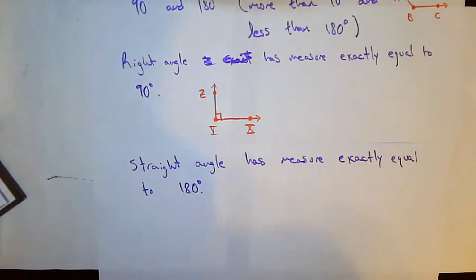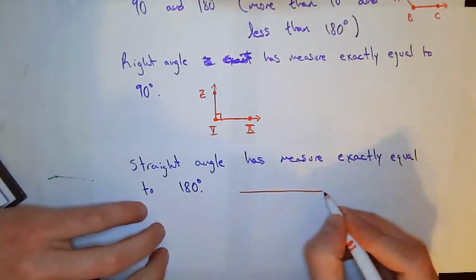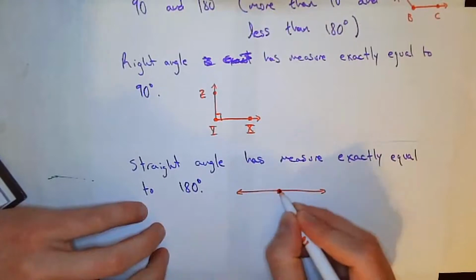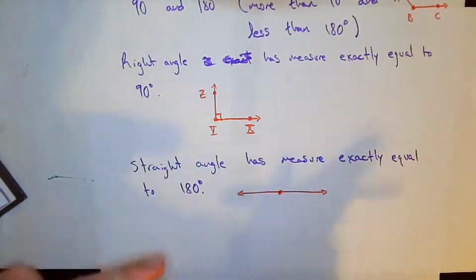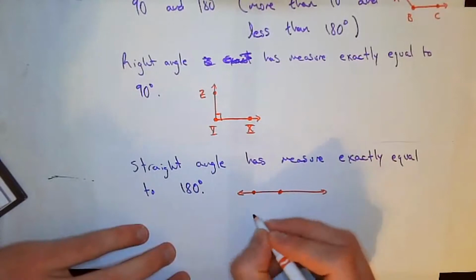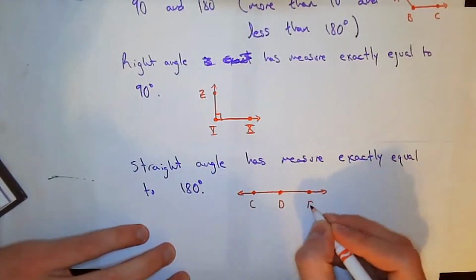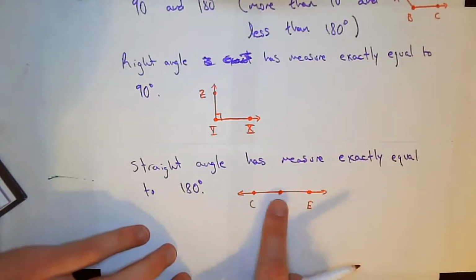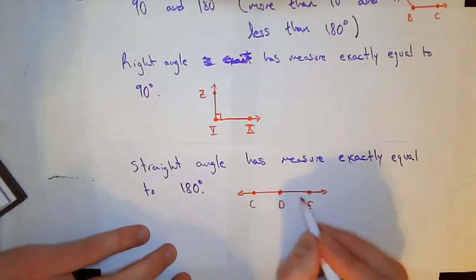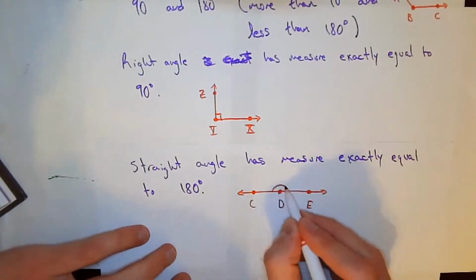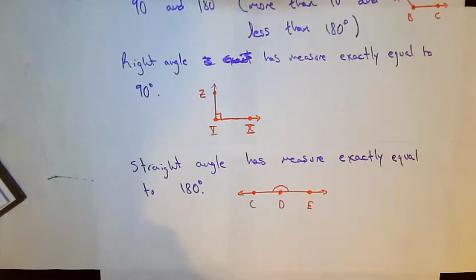So a straight angle is literally like a straight line, except it's still like a pair of rays. They're just pointing in opposite directions. So maybe ray CDE. It's still two rays, DE and DC, but they're pointing in exactly opposite directions. This would be a straight angle and it has measure 180 degrees.